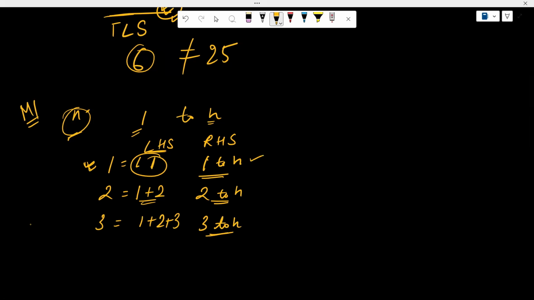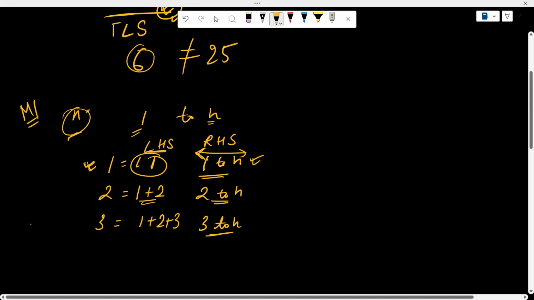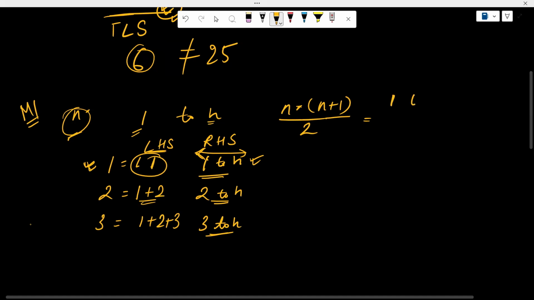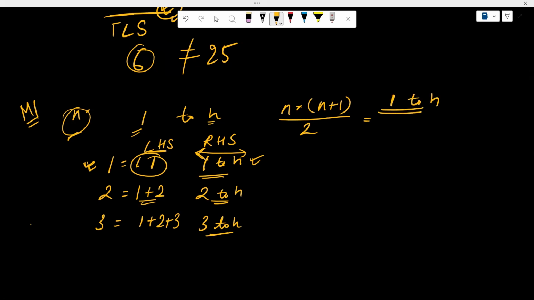So to add these numbers, do we need to iterate with a for loop? I don't think so. There is a formula for the sum of n natural numbers, that is n into n plus 1 by 2. So using this formula, we can get the total sum of 1 to n, right?